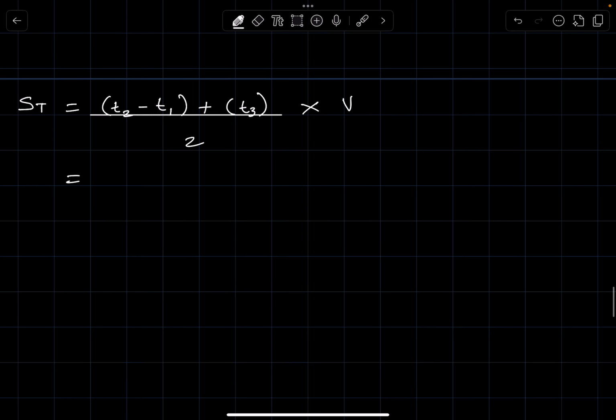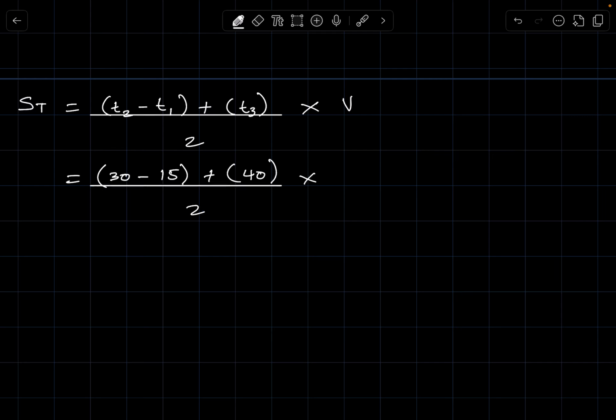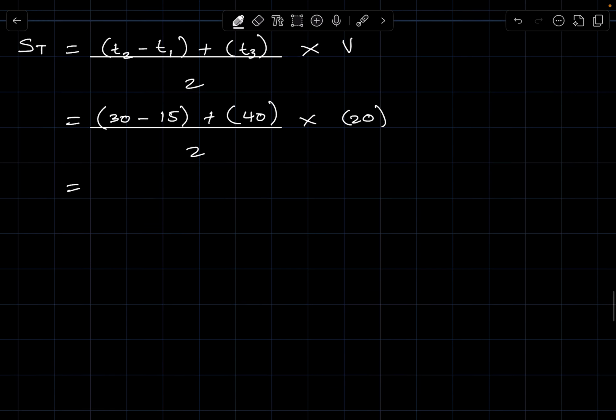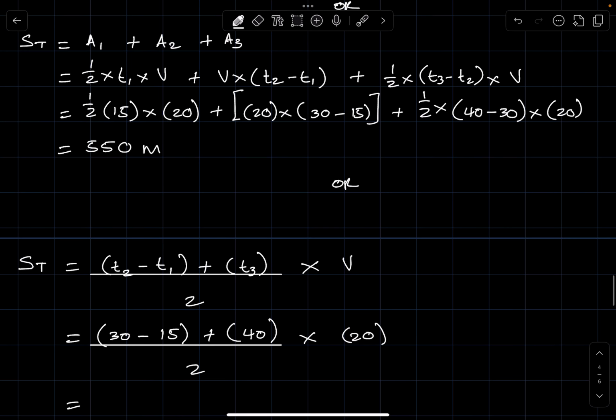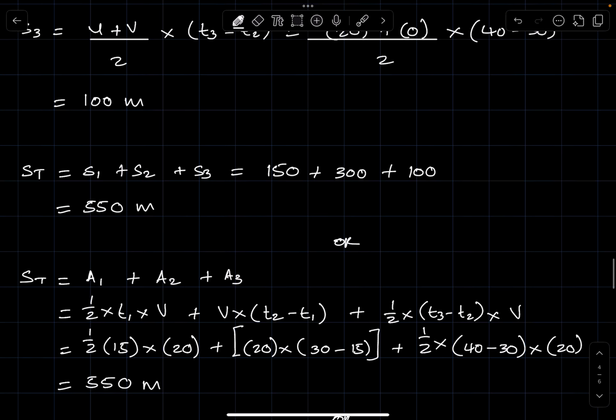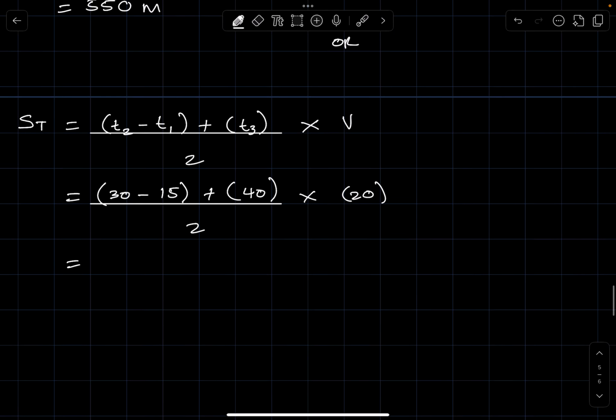This is equal to, so now you just substitute. T2 is 30, T1 is 15, plus T3, which is 40, divided by 2 times V, which is 20 meters per second, is equal to, now if you punch this in your calculators, you should get the same thing that you got when using this approach or when using this approach, which is 550.